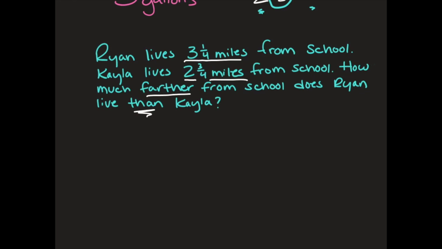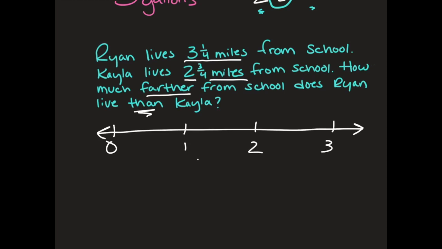Now you can do a couple different ways here. You could draw a picture. You could do a number model. I am going to draw a quick number line here. And I'm going to start with, okay, now I have fourths, so I'm going to draw 3 lines in between each.